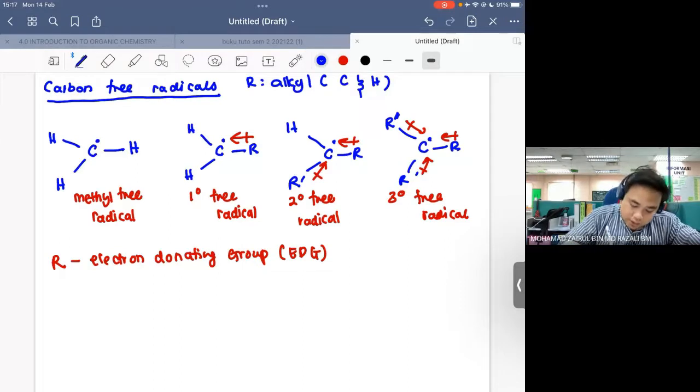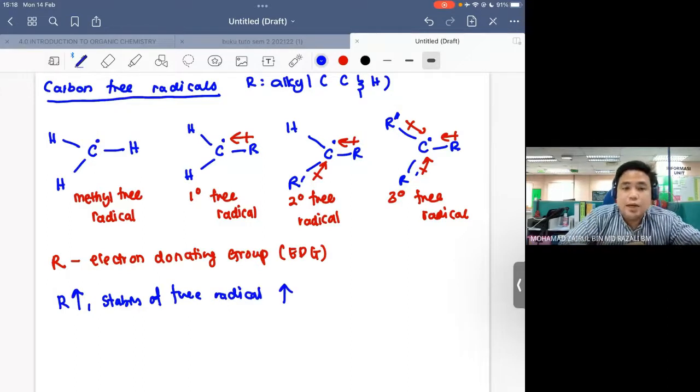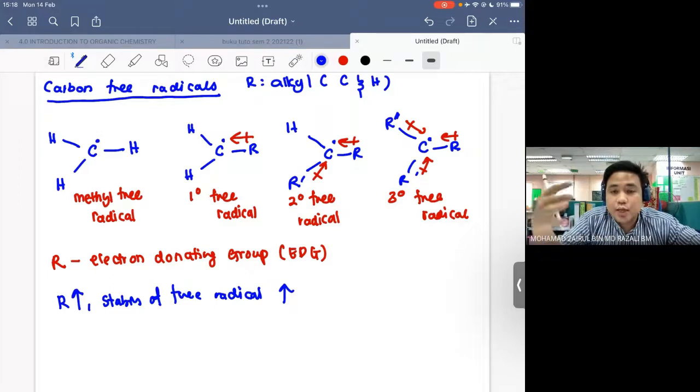Sebab apa? Sebab when R increase, so the stability of free radical also akan increase. Sebab free radical tu dia akan lagi suka banyak elektron yang ada dekat dia. That's why lah, lagi banyak group yang akan donate elektron pergi dekat carbon free radical itu, dia akan jadi lagi stable.